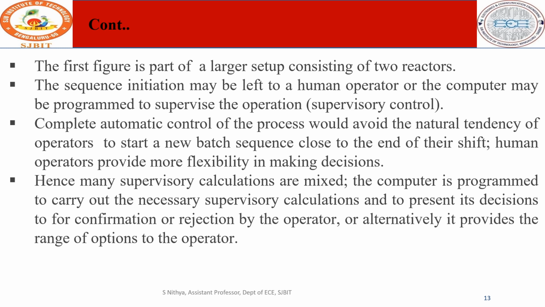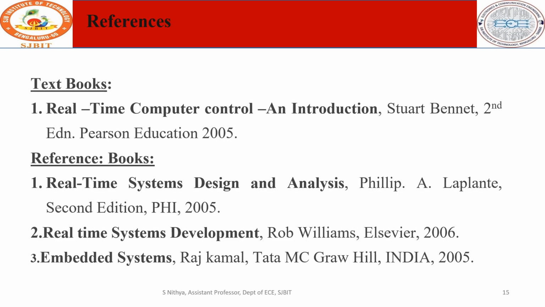So everything I have told is here. These are my references. According to the examination, this question is important, so please go through it. They will be asking: write short notes and explain the following.